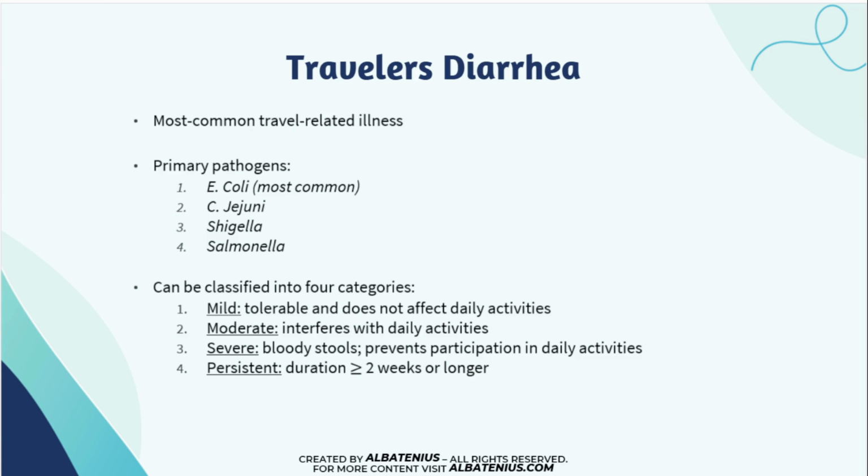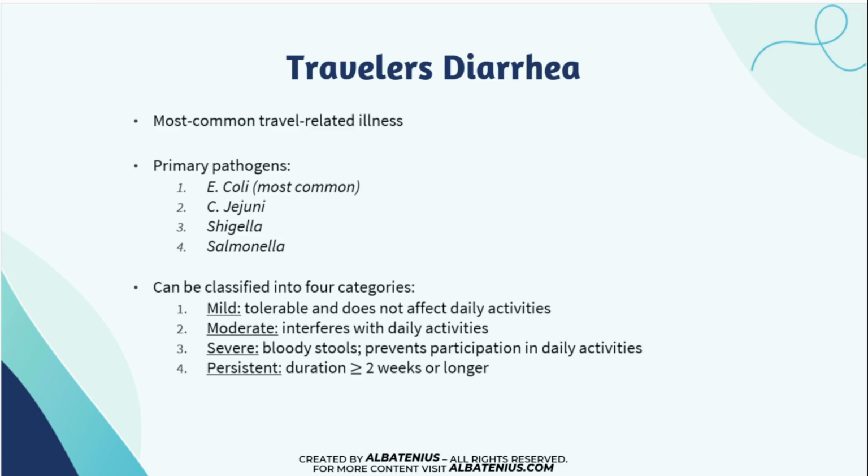Next, we have traveler's diarrhea, which is the most common travel-related illness despite global improvements in health and sanitation. The primary pathogen causing traveler's diarrhea is E. coli. However, the other pathogens can include Shigella, Campylobacter, and Salmonella.